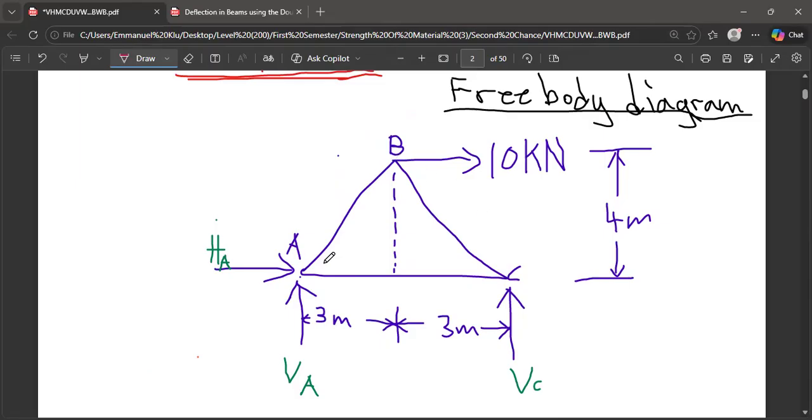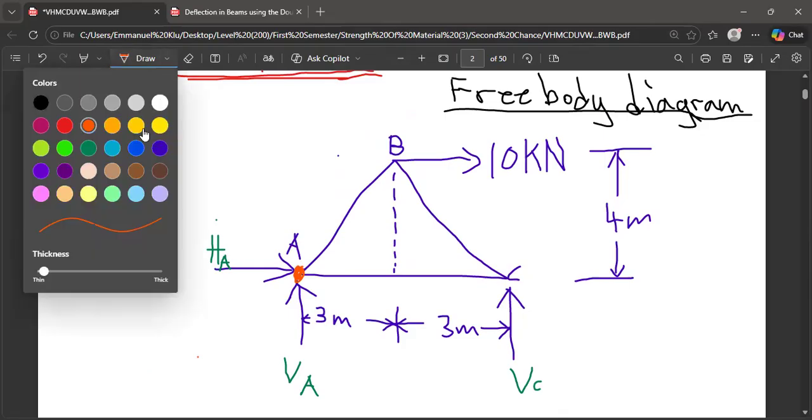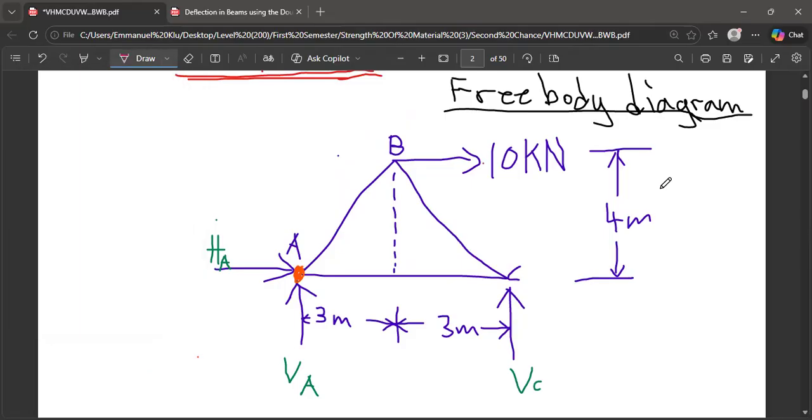If we are taking moments at this part, assuming this is your origin and this is where you want to take your moment, if you stand here with your compass, you realize that the moment is going to cause the 10 to multiply this you are seeing over here. So the 10 is going to multiply the 4, as you are seeing over there.